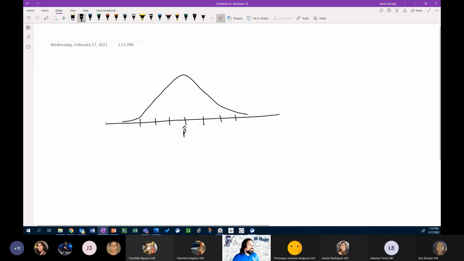The 95% confidence interval is within 2 standard deviations. I didn't draw this very well, but we get the idea. This shaded area represents 95% of the area under the curve.